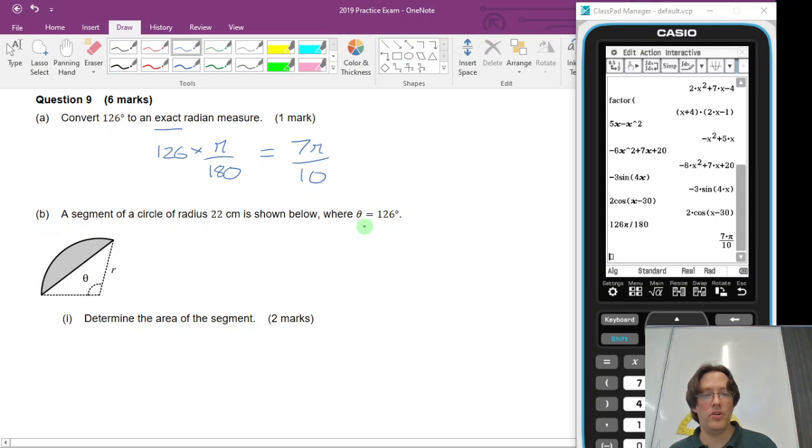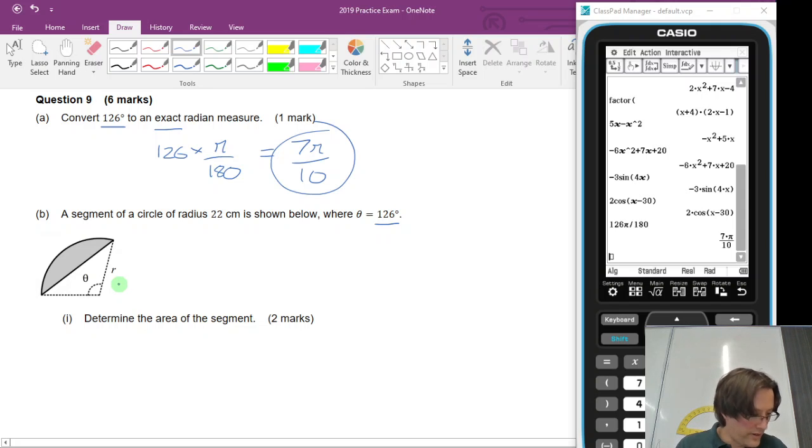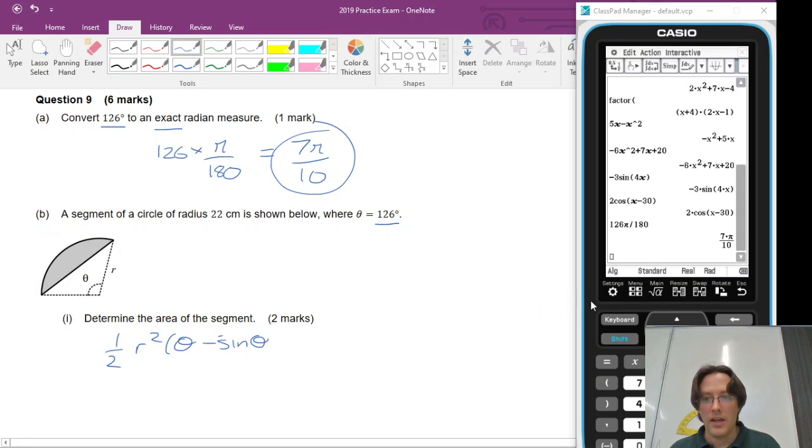So we've got our segment question. Theta is 126 degrees, and remember, we've got to have our angles in radian form. Fortunately, that's exactly what we have. The area of the segment, going to my formula sheet, is half r squared times theta minus sine theta. And we've got radians on our calculator, which is nice and handy.